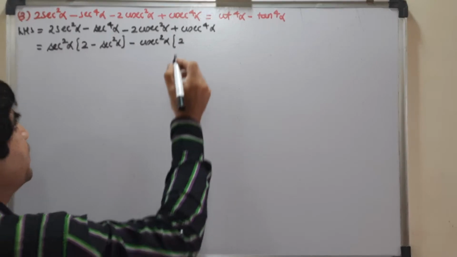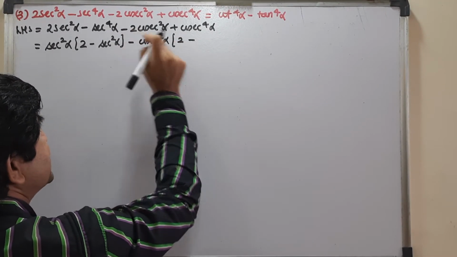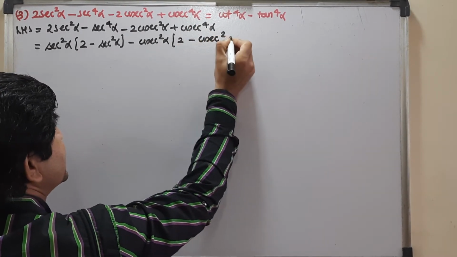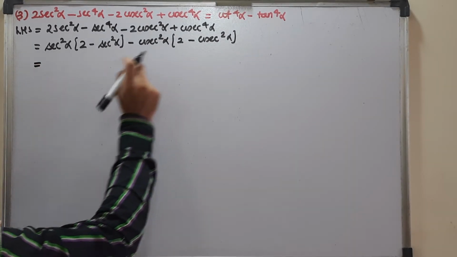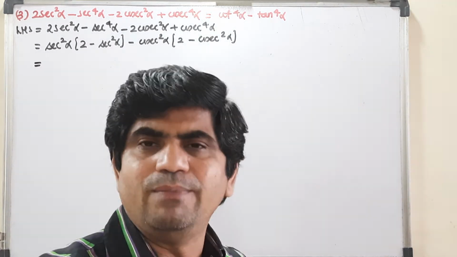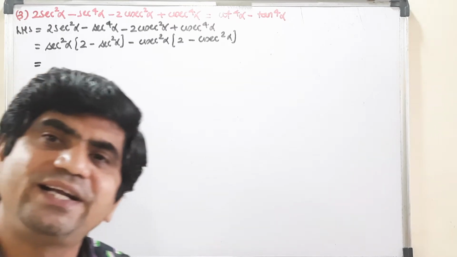Since the minus sign is taken outside, the sign inside changes. It was minus here, it has become plus. Now it will become minus cosec square alpha. Now see the change. What I am going to do is, sec square alpha: if I see here it is cot and tan. So sec square alpha and cosec square alpha are both very easily convertible into the form of tan and cot.